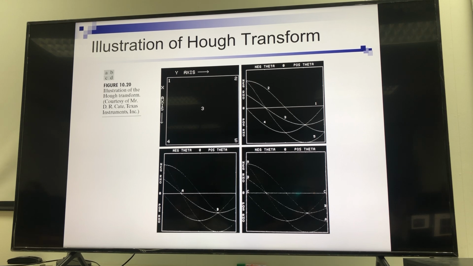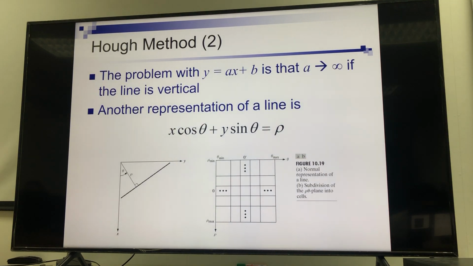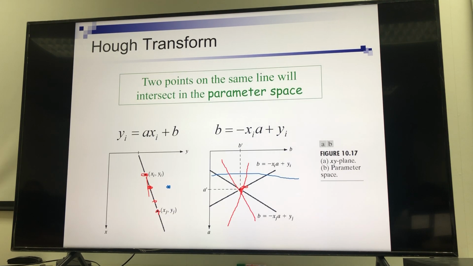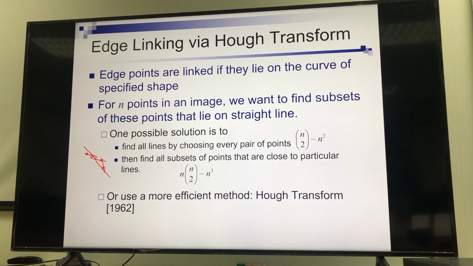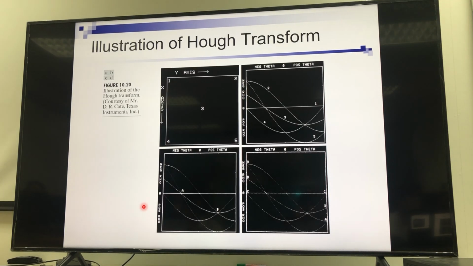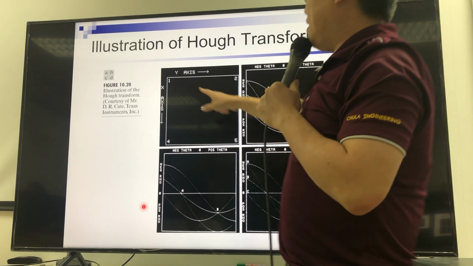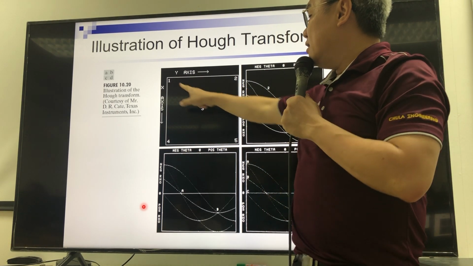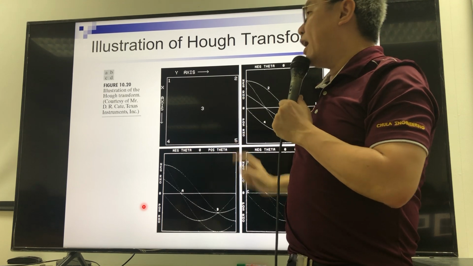The Hough transform was introduced in 1962, so at the time the computer display was still black and white. This is how they define points 1, 2, 3, 4, 5.